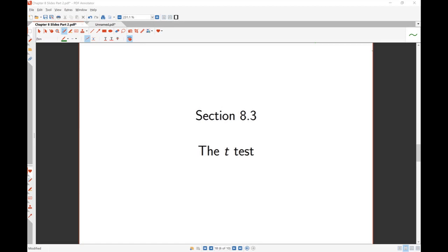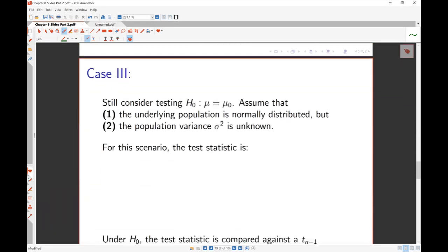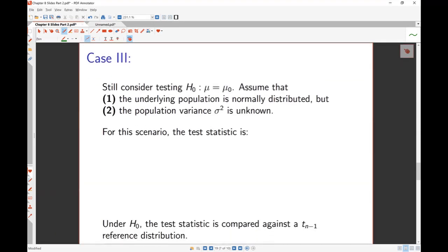Now we're looking at the third case. We are back to assuming that we have a normal population, but now sigma squared is unknown. So if you've been tracking the parallels to confidence intervals, this should again look familiar. When we start with a normal distribution, but sigma squared is unknown, that is a recipe that lands us in the world of having to use t-distributions.